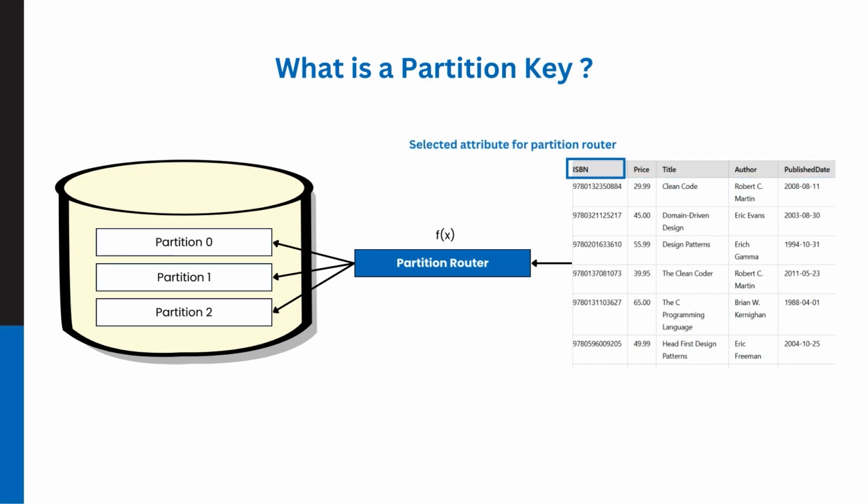Now, whenever we insert new data, first it hits the partition router, and the partition router pulls the ISBN from the data and puts it in the function f(x). And this f(x) will decide in which partition this data should go. So ultimately, ISBN is deciding in which partition the data should enter. So we call this attribute a partition key.